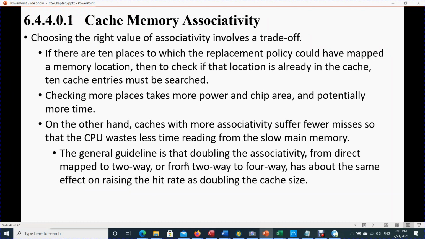A general guideline is, very roughly, that doubling associativity from direct to two-way, from two-way to four-way, has about the same effect on raising the hit rate as doubling the cache size.